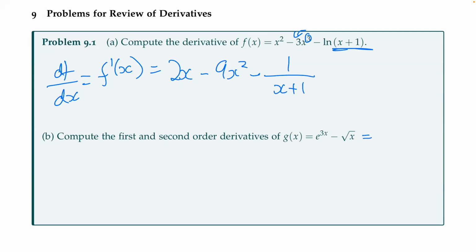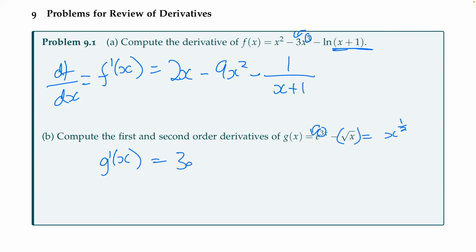Second one, this square root of x is just x to the half. So we just treat it like a normal power law for our differentiation. So g prime of x, the first derivative, we're going to have the 3 for the exponential just comes up front.